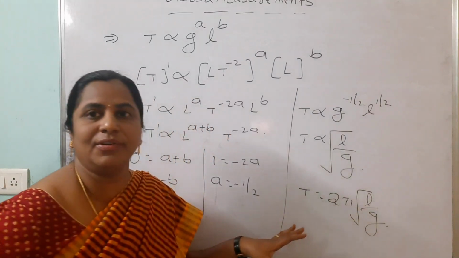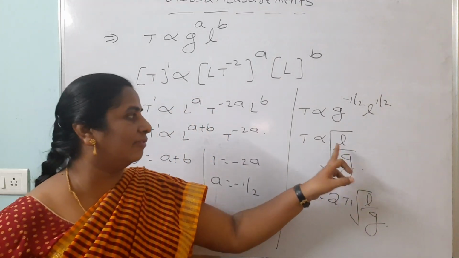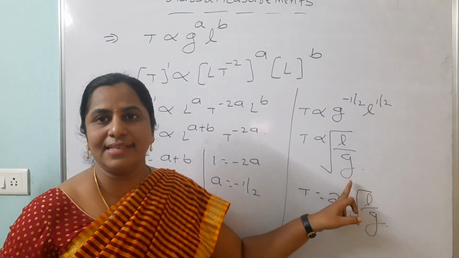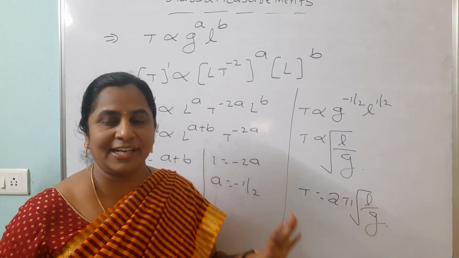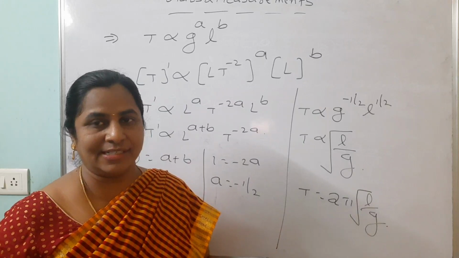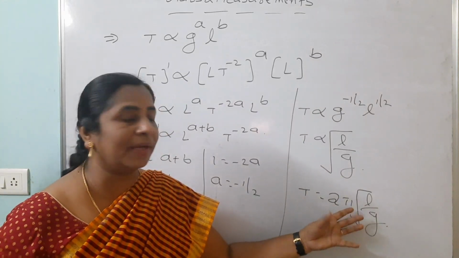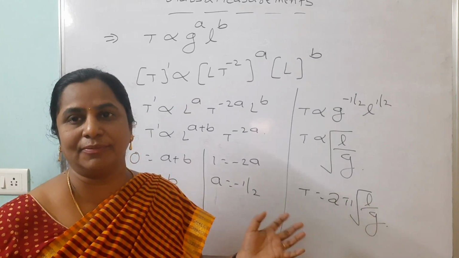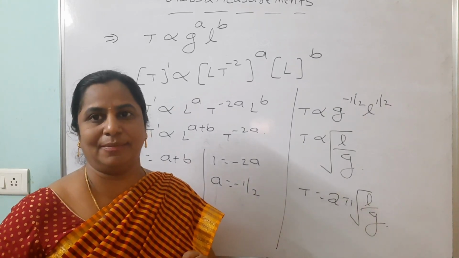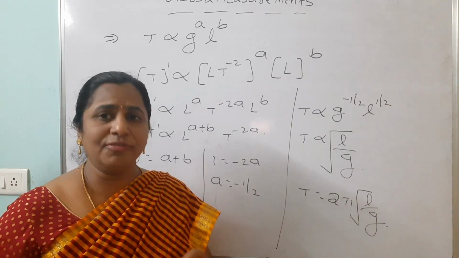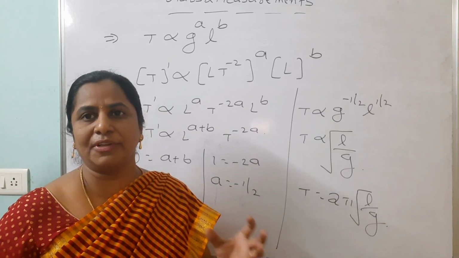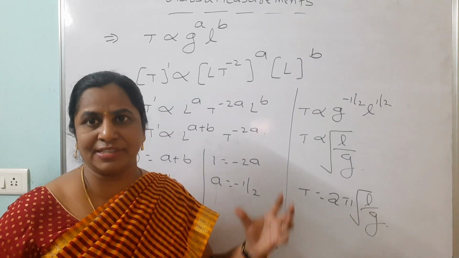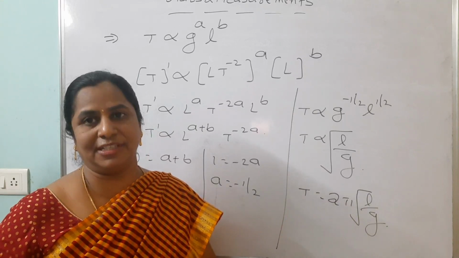With the help of units and measurements, you can find out the relation between these three physical quantities, but we can't find out the constants. Actually 2 pi we can find out from the experiment only. We can't find it with the help of units and measurements. Then for logarithmic functions, exponential functions, trigonometric functions, we can't apply units and measurements.